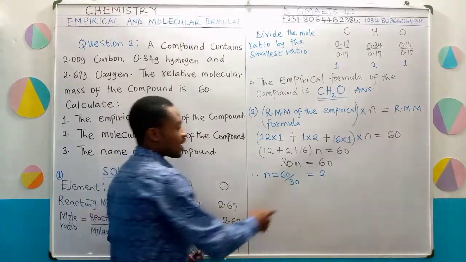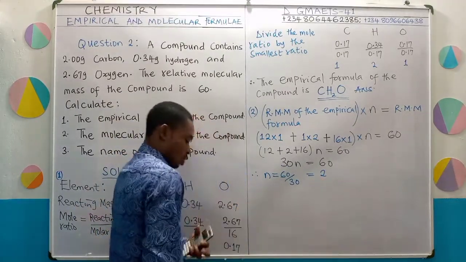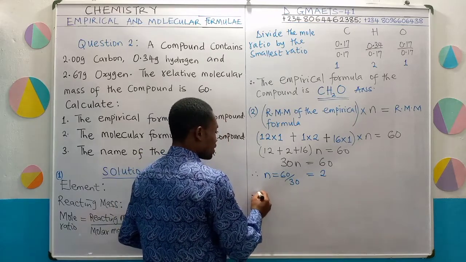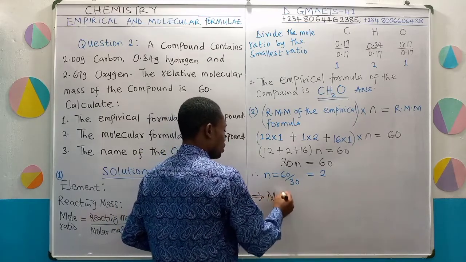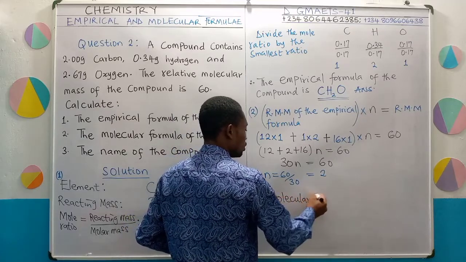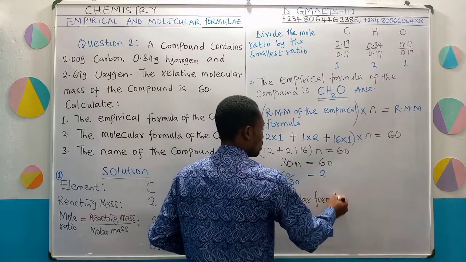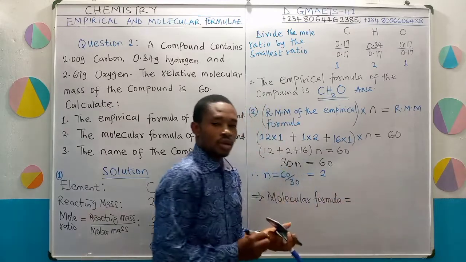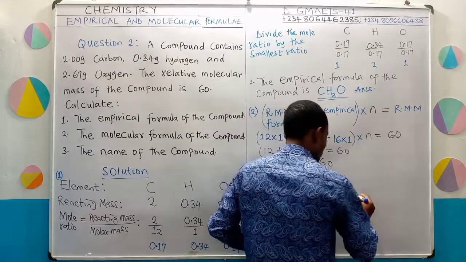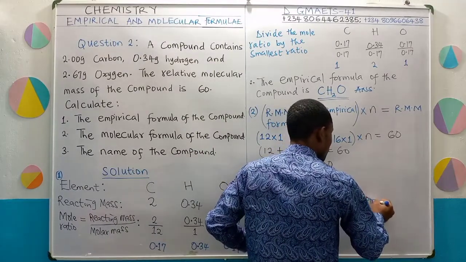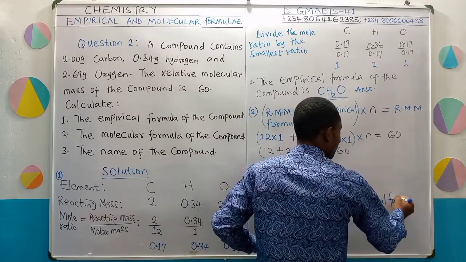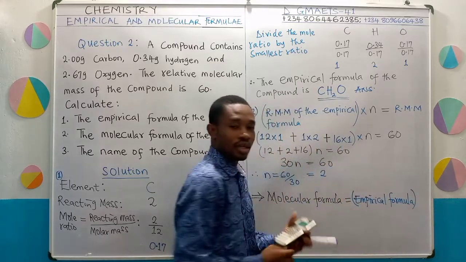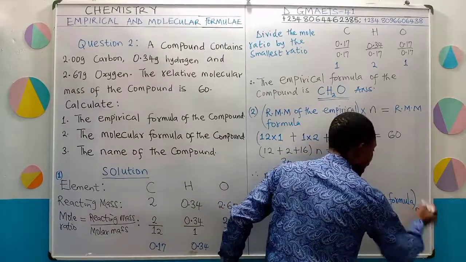So now that we've gotten that whole number multiple, which is 2, we can now say that the molecular formula is equal to the empirical formula, then we multiply the atoms in the empirical formula by a whole number multiple, which is n.